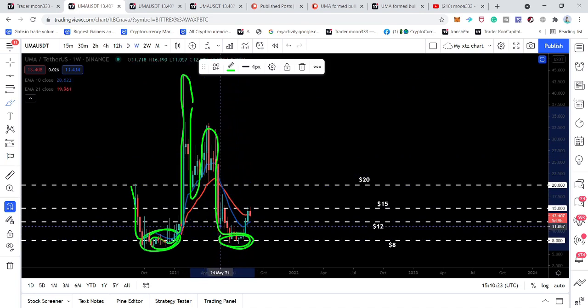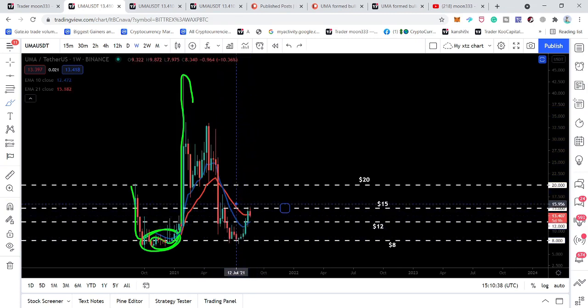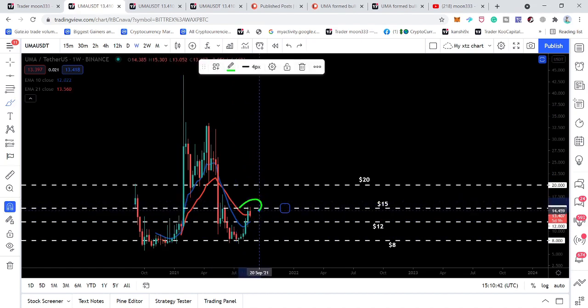This is a key level of support now for the UMA token, and now after getting reversed from here, it has broken out the next resistance of $12, and now it has reached the next resistance of $15, and I'm expecting that soon it will also break out this $15 resistance, and it will move to this $20 resistance again to break it out.